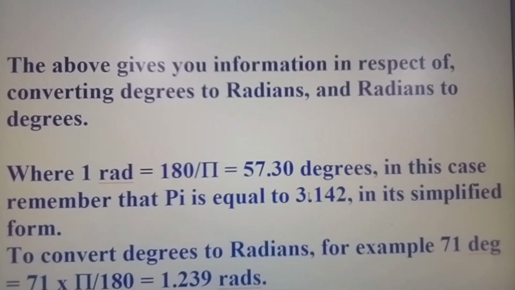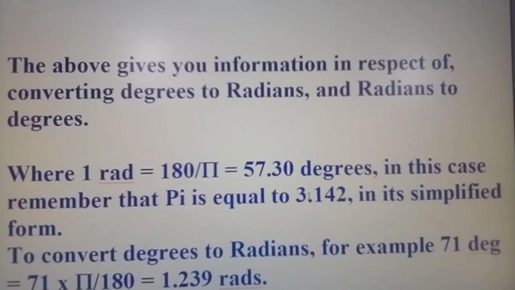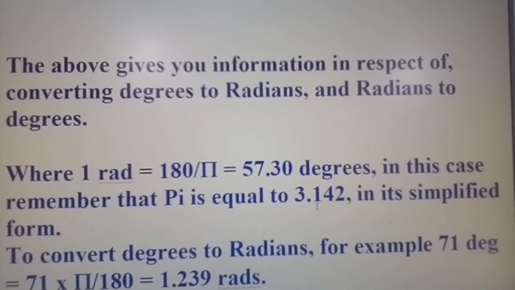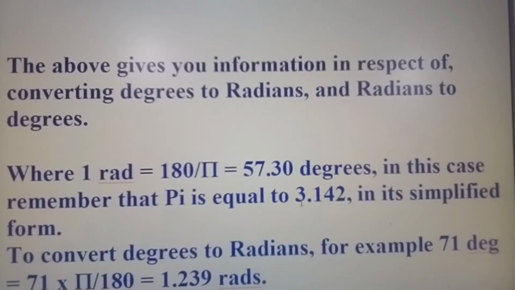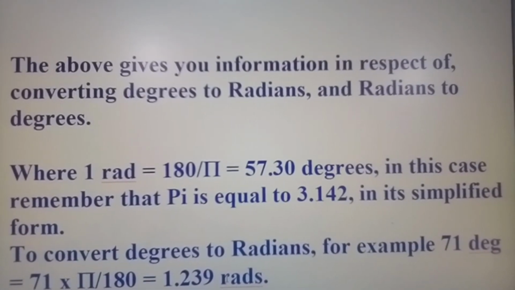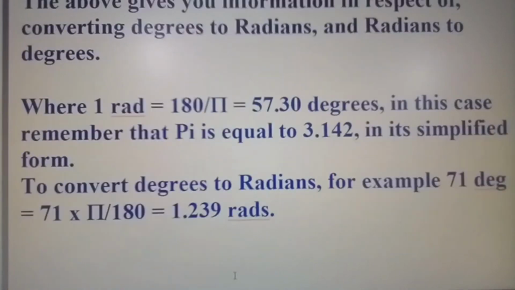The above gives you information on converting degrees to radians and radians to degrees, where 1 rad equals 180 over pi, which is about 57 degrees. Remember that pi is equal to 3.142 in its simplified form. To convert degrees to radians, for example 71 degrees, we do this process, and again here I've given you how that was done.